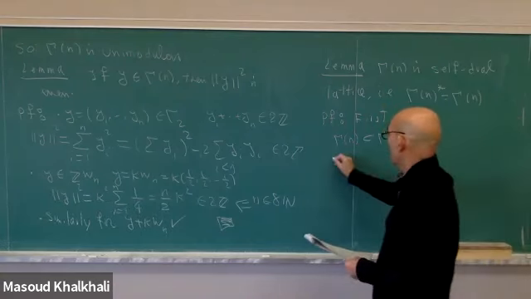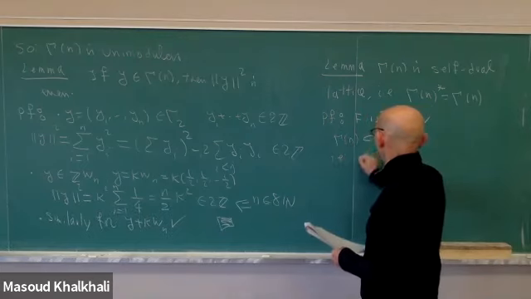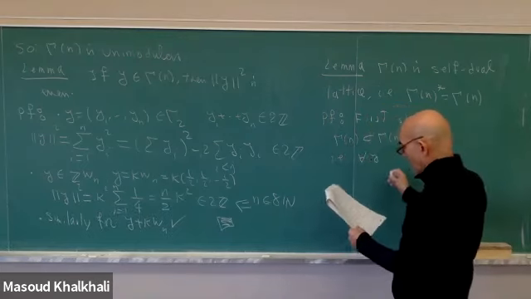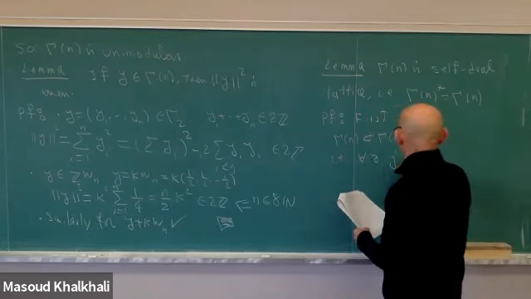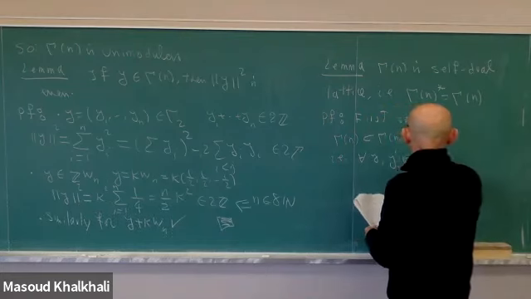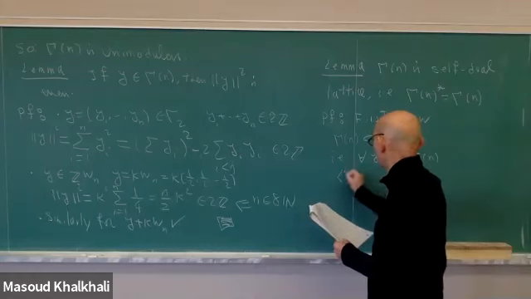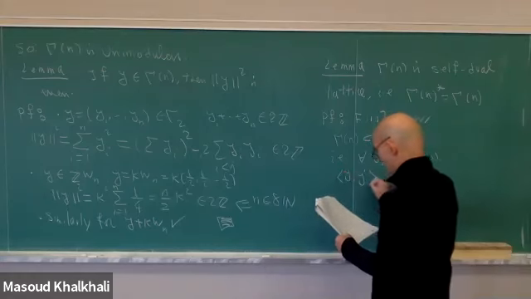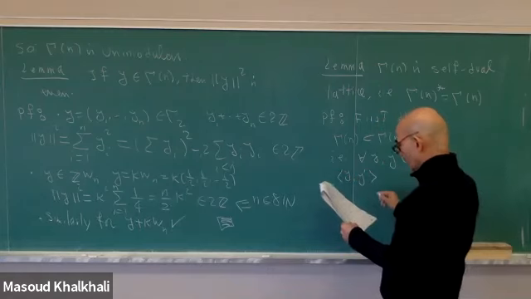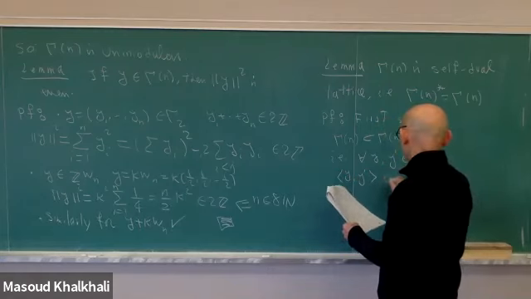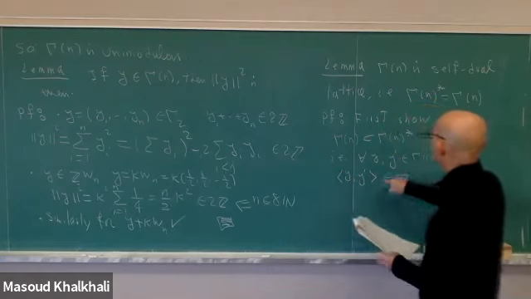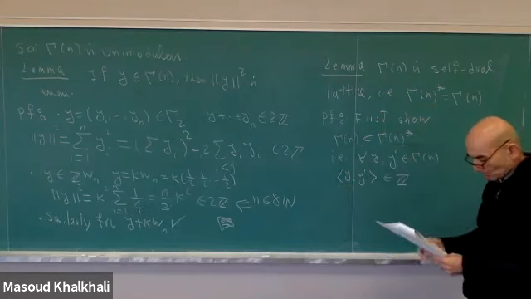So we have to show that for any y and y prime belonging to gamma n, the inner product is an integer, belongs to Z. If we prove that, then we have done this, right?